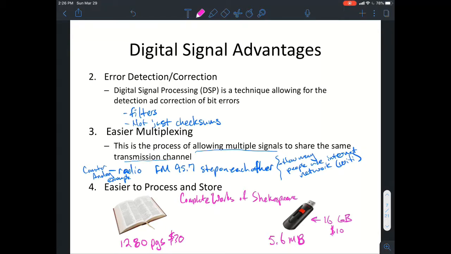One I can carry in my pocket, the other I cannot. As time has continued to go on and we continue to get better transistors, better power systems, and better data transmission, we have better ability to store things digitally. In fact, it's one of the reasons we can hold this course in the way that we're holding it now, because our digital systems are so improved.